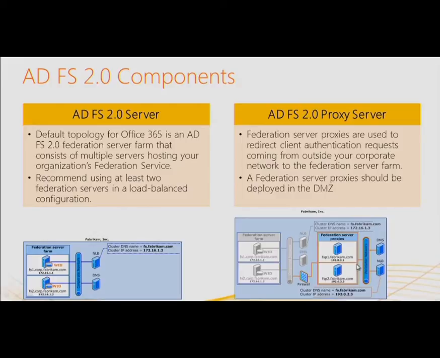It will be in a workgroup, so it will not have access at all to your local Active Directory. Between the ADFS proxy server and your ADFS server, there will be one or more firewalls, but only one port open, 443, for communication between the federation server proxy and the federation server farm.